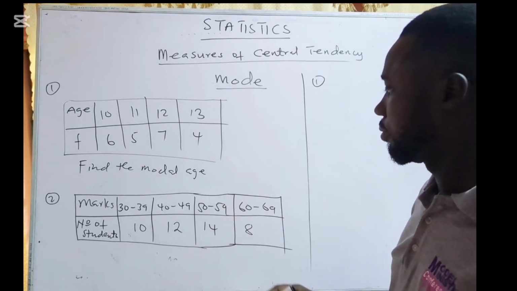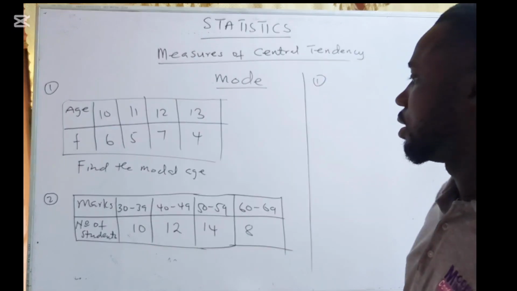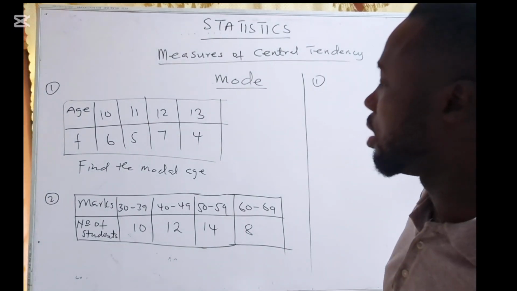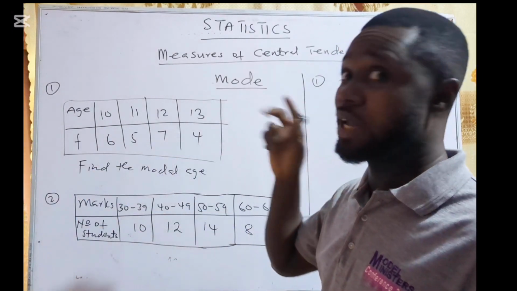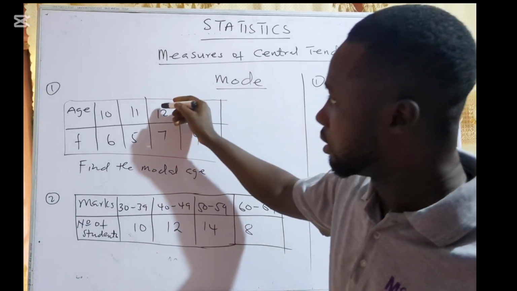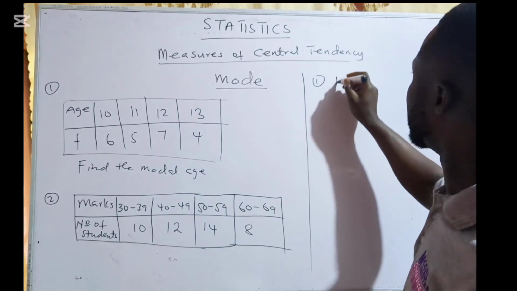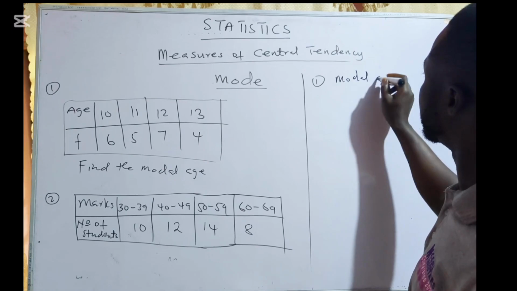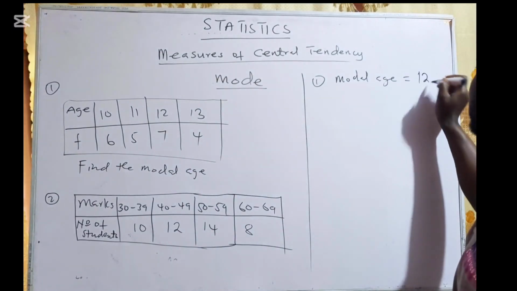So number 1, you are asked to find the modal age. What will be our modal age? You look at the age, the one with the highest frequency, that is the one that appears the most. We see that 12 has the highest frequency of 7. So you can say that the modal age is 12.